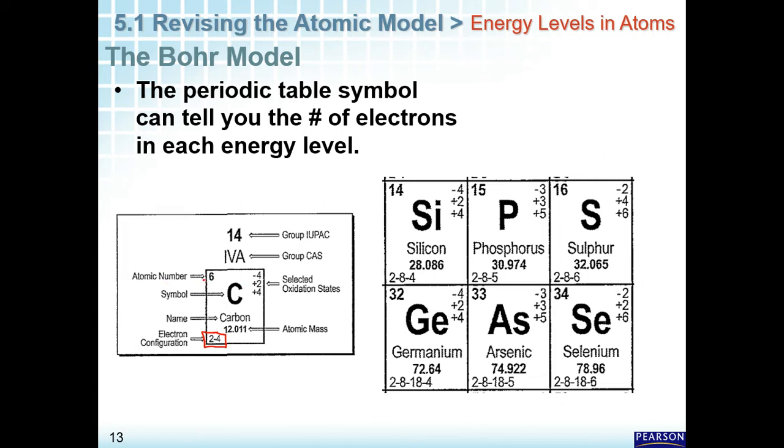So if my atomic number is 6, my electrons also must be 6. It has 2 electrons in the first energy level and 4 electrons in the second. Even if we look at other elements, such as germanium, it has 2 electrons in the first one, 8 electrons in the second energy level, 18 in the third, and then 4 electrons in that last energy level, or the fourth energy level.